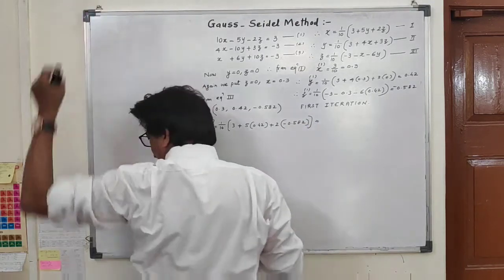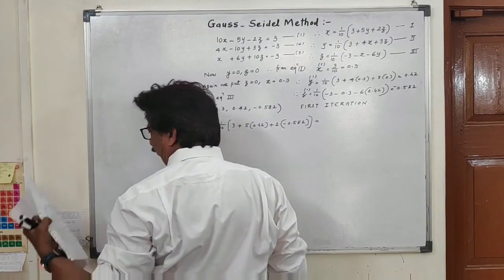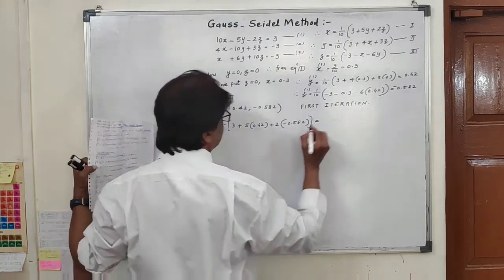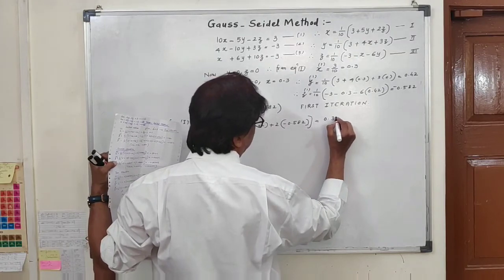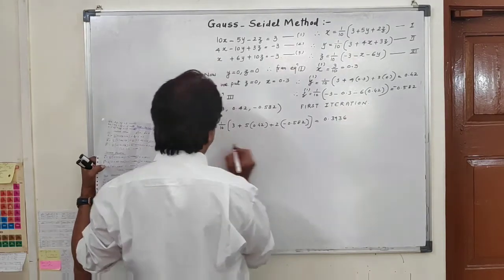This gives me the second iterated value of x, x2, as 0.3936.